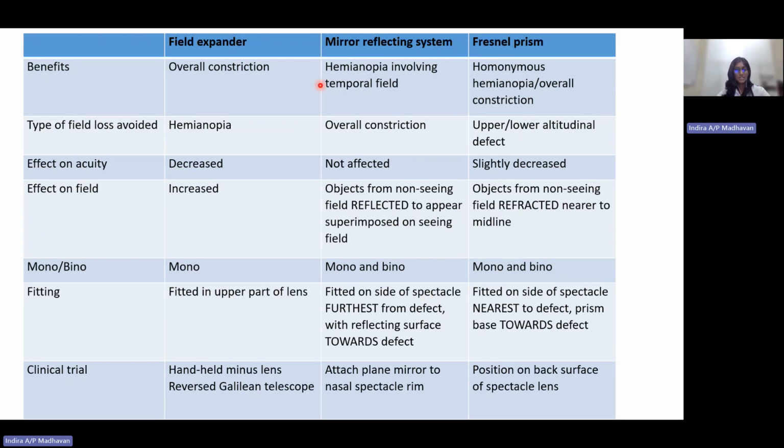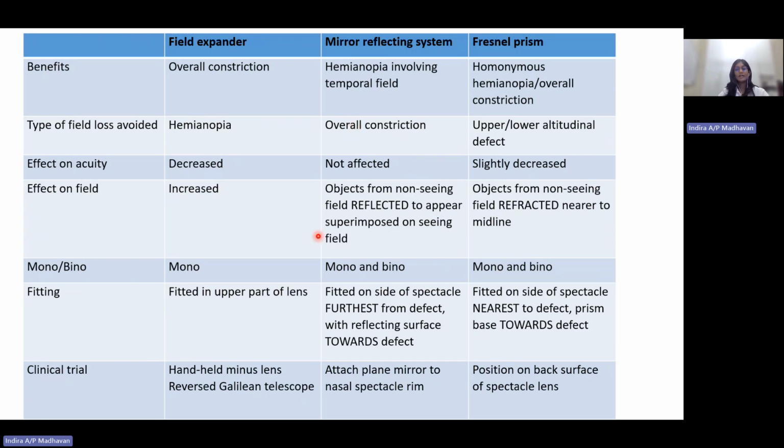For example, let's say the patient is looking at this word, hemianopia. With the help of the Fresnel prism, what will happen is this overall word will actually be shifted.